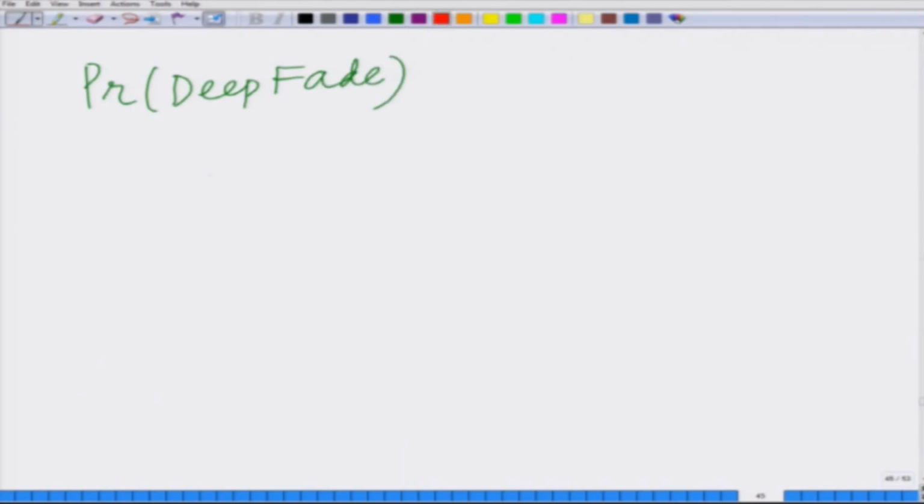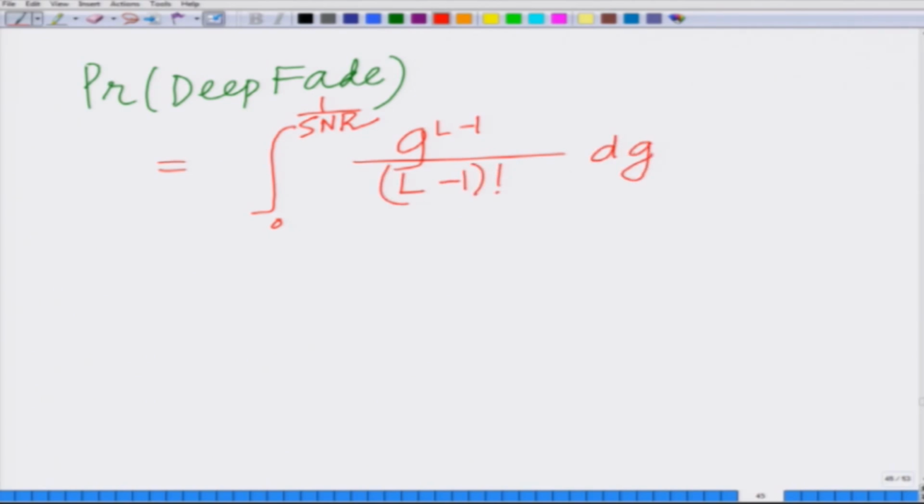is simply the integral from 0 to 1 over SNR of G to the power of L minus 1 divided by L minus 1 factorial times dG, since e to the power of minus G is approximately equal to 1.